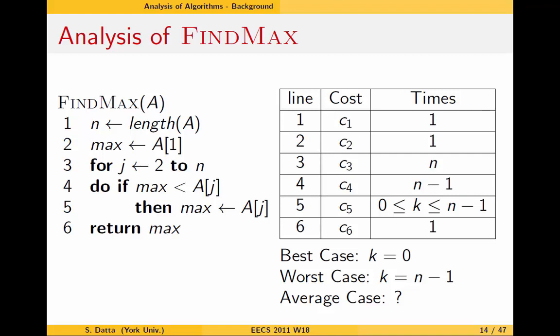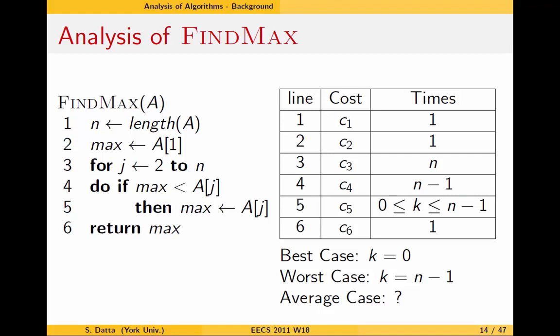Cost in this case means time. You can think of any notion of cost: nanoseconds, processor cycles, what have you, some arbitrary measure. Lines 1 and 2 are executed once, since they're not part of a loop. Similarly, line 6 is executed just once, when it returns.